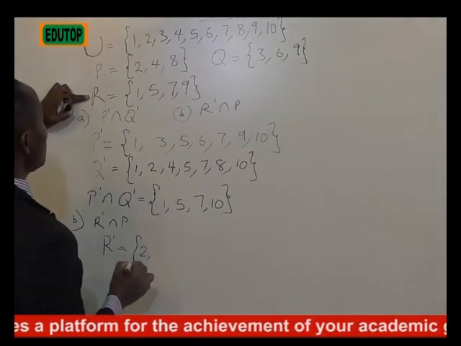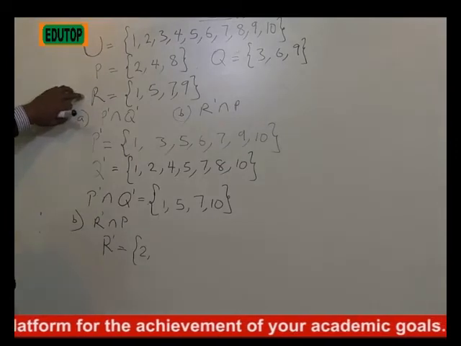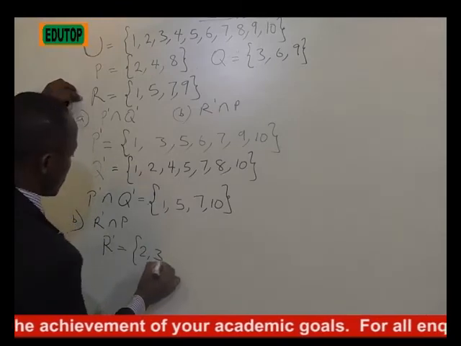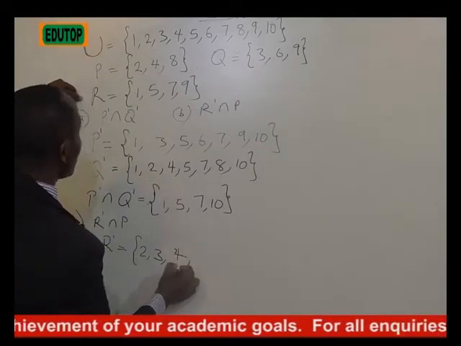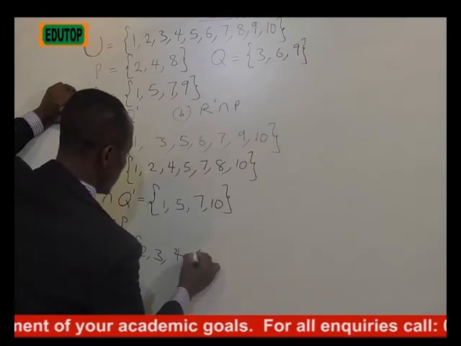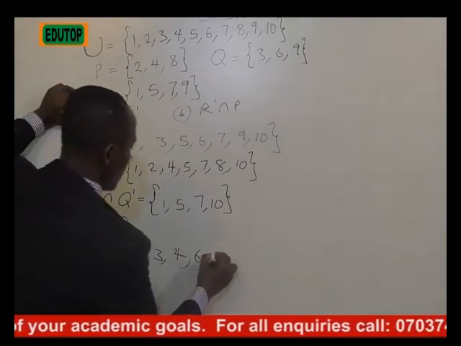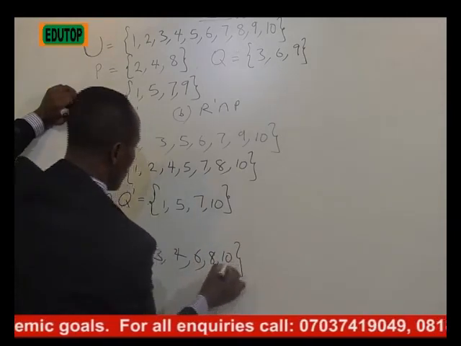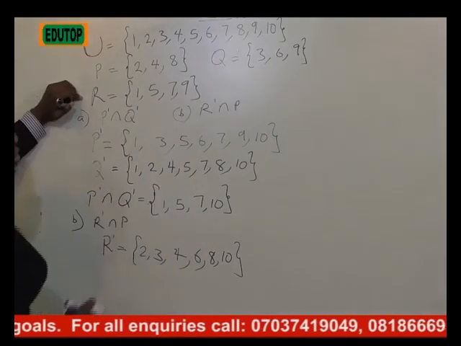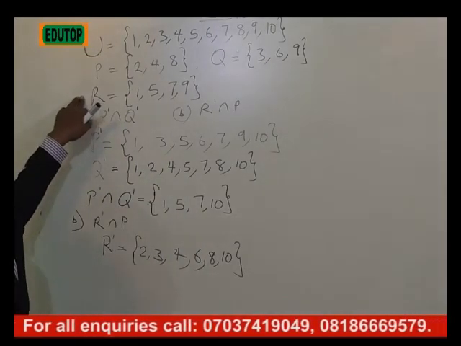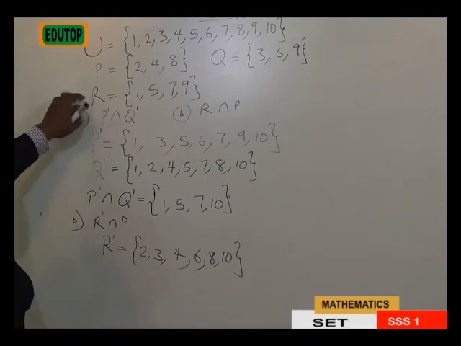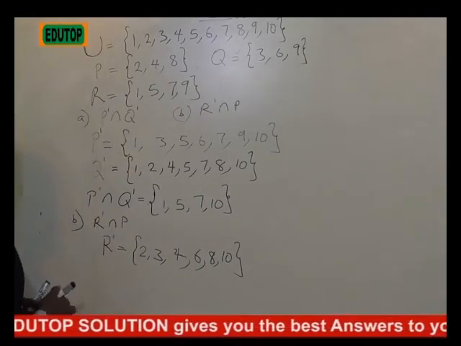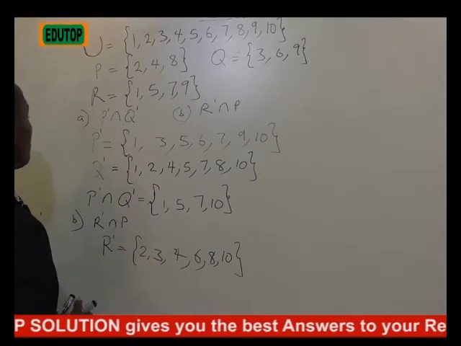That is, we are dealing with elements that are not in R, but are in the universal set. 2 is not in R, 3 is not in R, 4 is not in R, 6 is not in R, 8 is not in R, and 10 is not in R. Here, we are having 4 elements that belong to R, which means there are 6 elements that do not belong to R. So that's 1, 2, 3, 4, 5, 6. That's the cardinality of R complement.